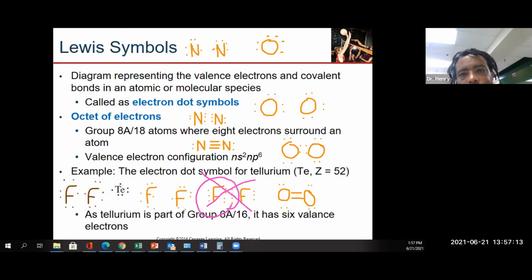So that's 8 around this guy here. And then we have 8 around this guy here. So that obeys the octet rule. So then we can go ahead and write it the way we want, with our line right there and having 6 around it.